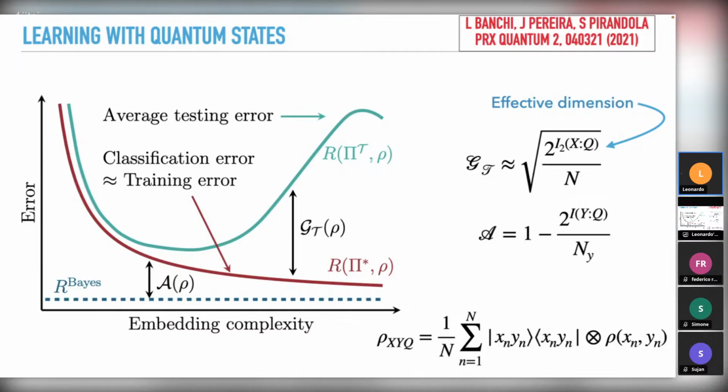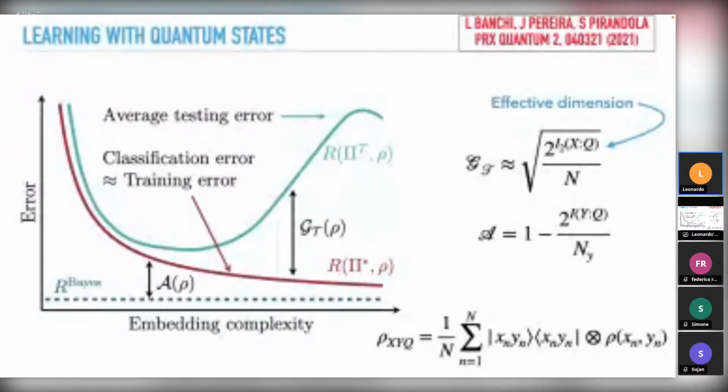So this tells you this error over here. Now, if you train the model with some data and then you want to test the model with some new data, there is an extra error, the error between the testing set and the training set. And this error, which is the generalization error, also depends on this, like in the classical setting. This is what we have proved.